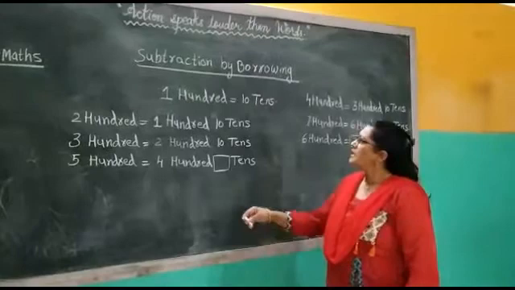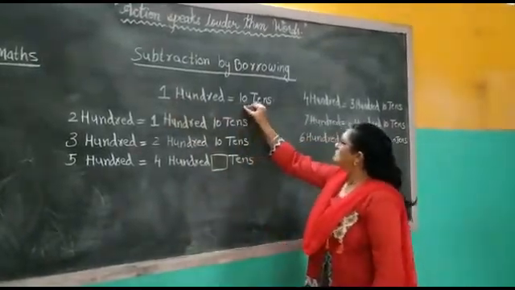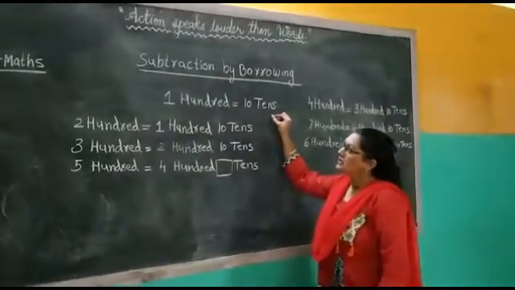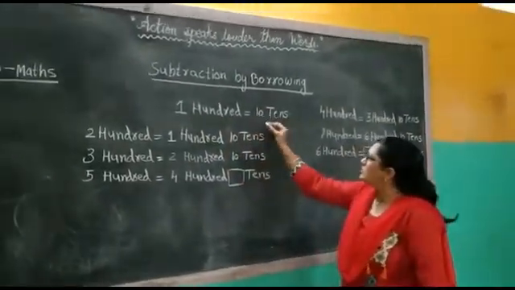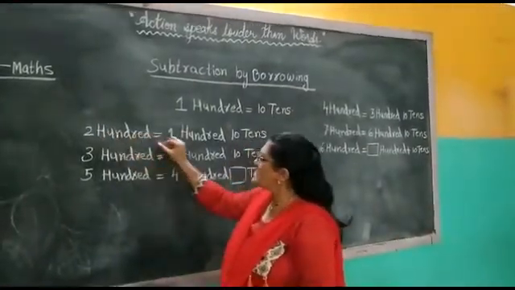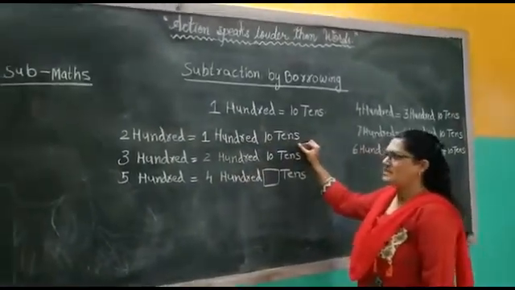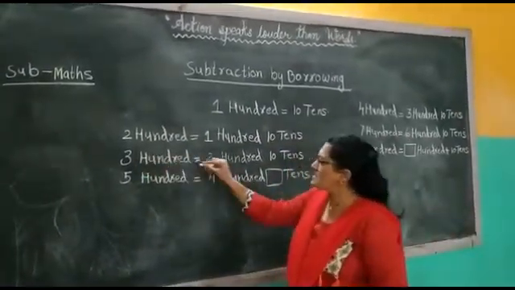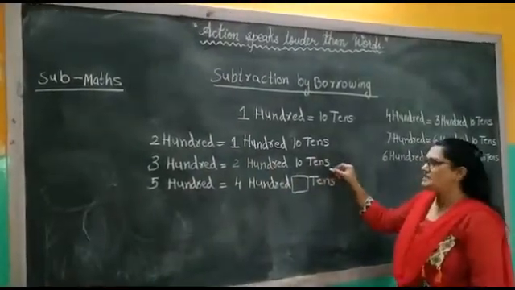Let's start. Now children see, 100 is equal to 10 tens. We have already learned that 100 is equal to 10 tens. Now 200 is equal to 20 tens. 300 is equal to 30 tens.